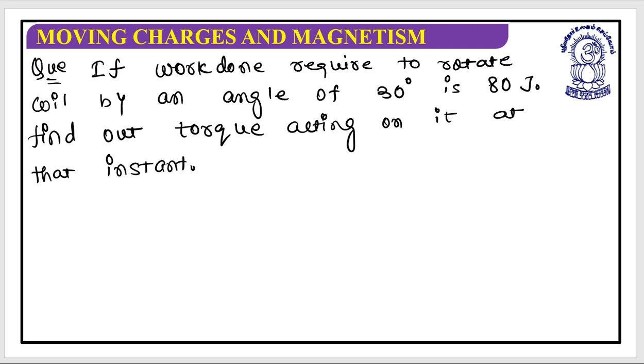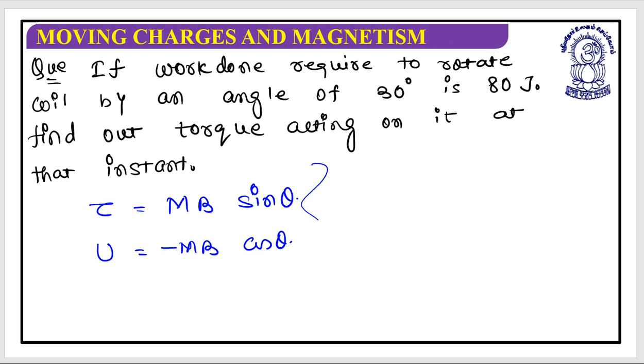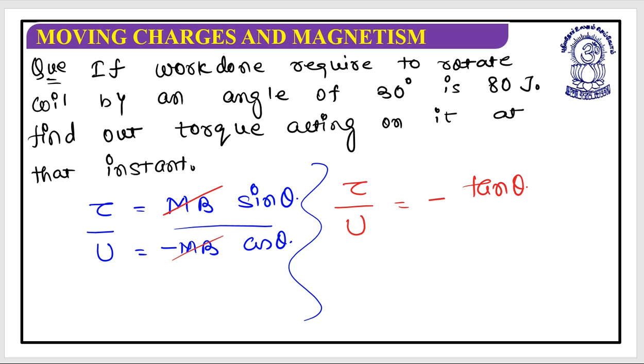What I understand is that my torque is equal to mB sine theta, and my potential energy or work done stored is minus of m into B into cos theta. So if I take a ratio of this, mB goes away. So torque divided by potential energy would be sine theta over cos theta, which is minus tan theta.